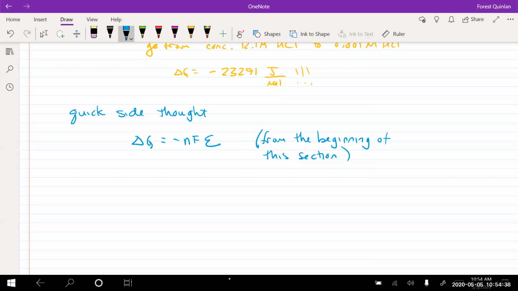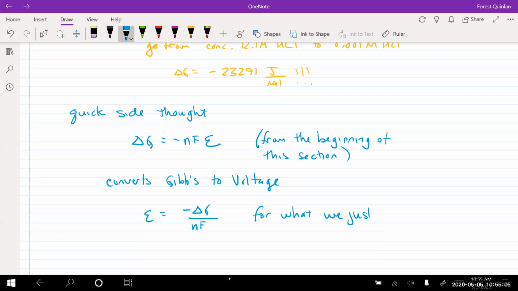This is converting Gibbs to voltage. Rearrange this, it's E equals negative delta G over nF. And for what we just did.